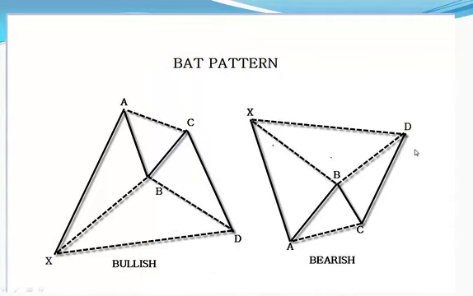Okay, the bat pattern. Now the bat pattern is similar to a Gartley pattern in that this X down to A up to B is a 382 to 50% retracement.